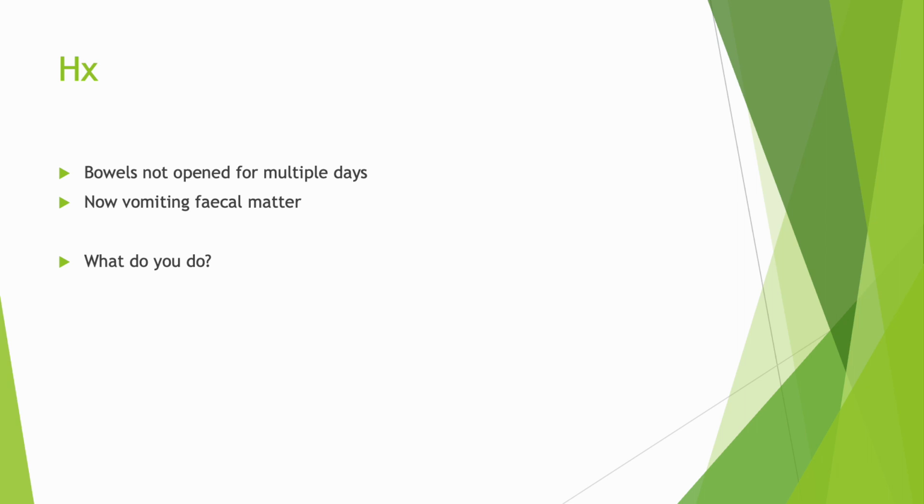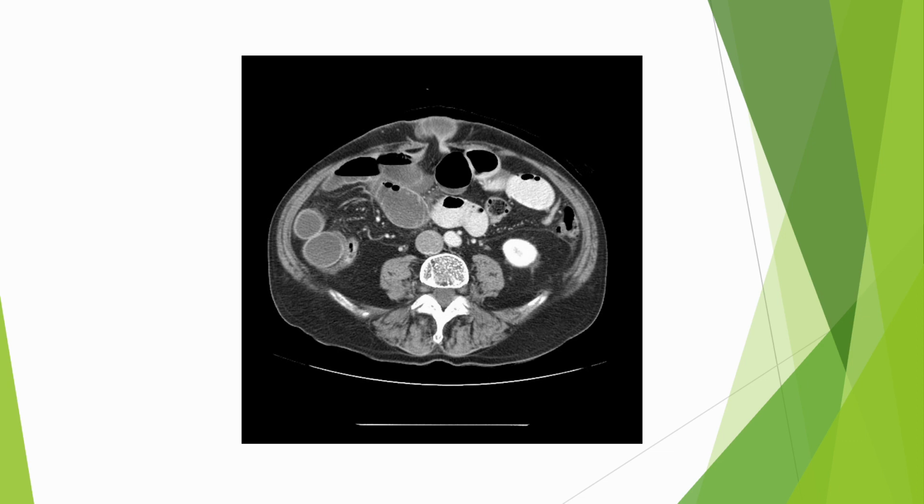I'd like you to see if you can remember the most common causes of small bowel obstruction before we move on to the next slide, where we will see an illustration of one of the causes on CT. So here we have a cross-section image from the patient's CT scan, where you can see here that he has an umbilical hernia coming through his abdominal wall here, which was one of the most common causes of small bowel obstruction.